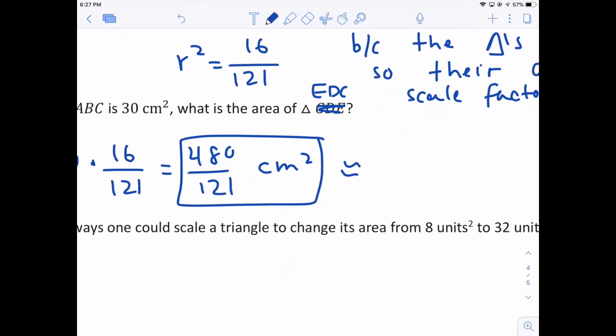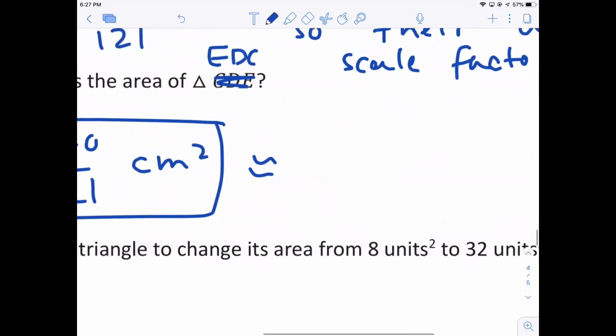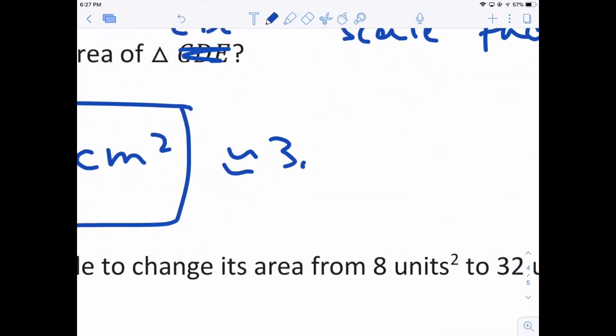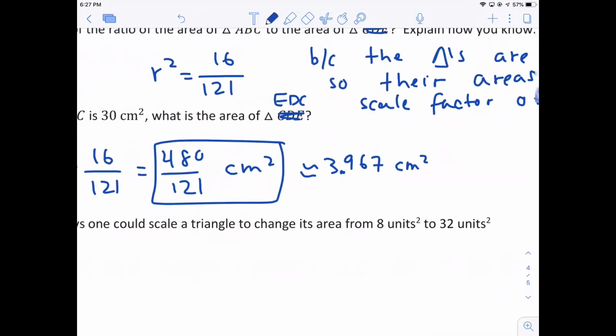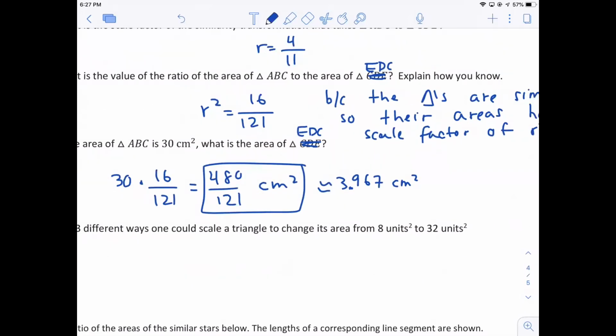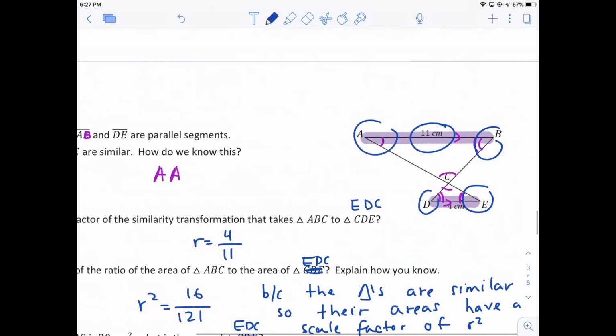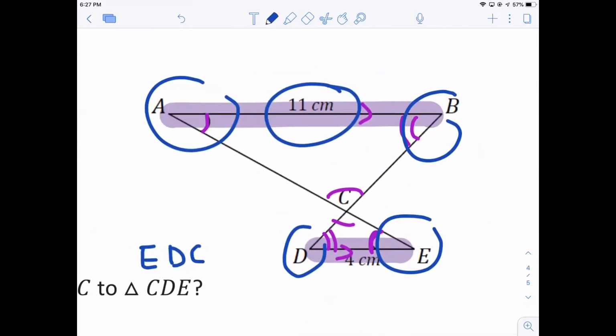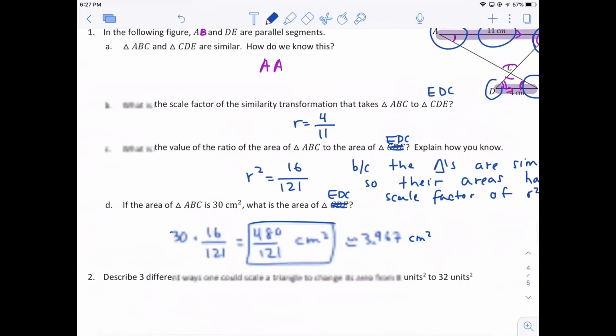But if you want, let's see if I can get an exact answer. Yeah, too many decimals, I'll just round it. And that is about 3.967 square centimeters. So it's a lot smaller, right? It went from about 30 to 4. And yes, so that's 30, that's area 4. Looks about right, too, right?